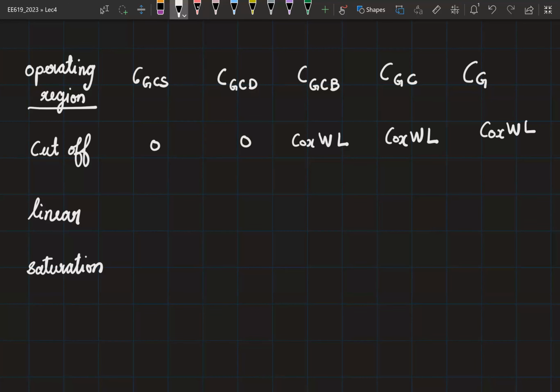COX W into L plus COV into W. Is this correct? Or are we missing something in this expression? We should have a twice of COV into W because there is an overlap capacitance between gate to source as well as between gate to drain.